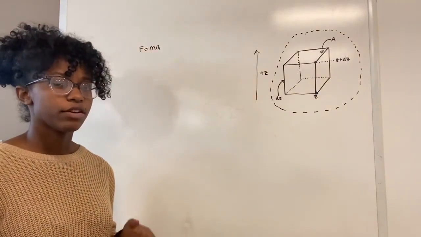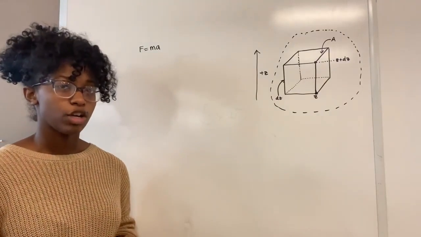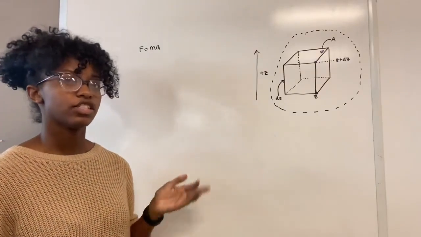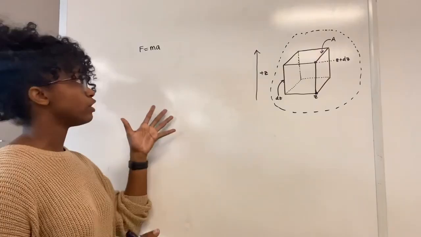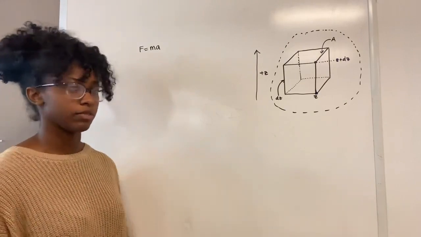And because it's stationary, we know that its velocity and acceleration are both constantly 0. So if this fluid's acceleration is 0, then by Newton's first law, we know that all of the forces acting on this fluid have to equal 0.